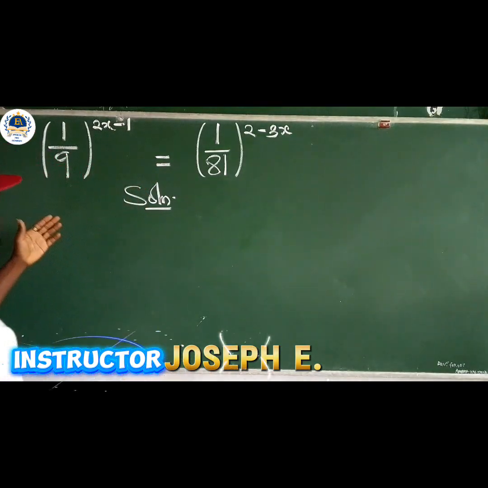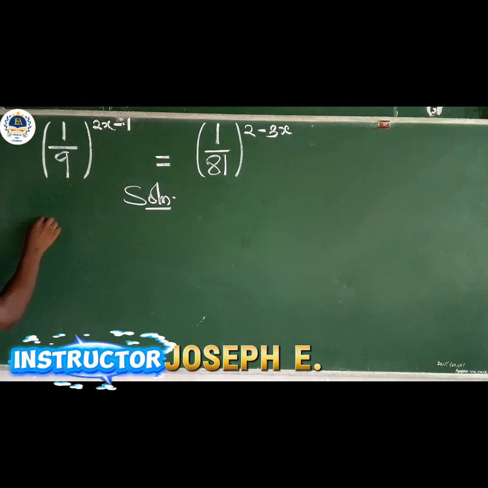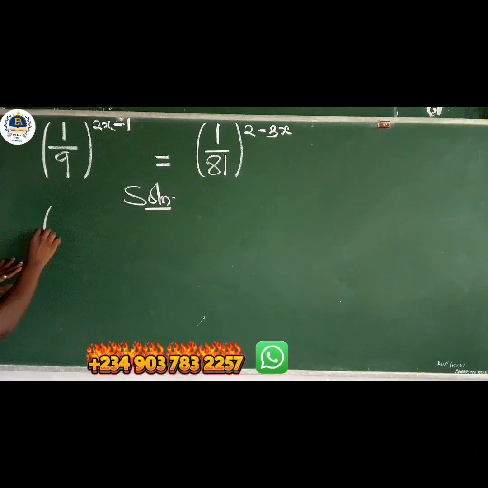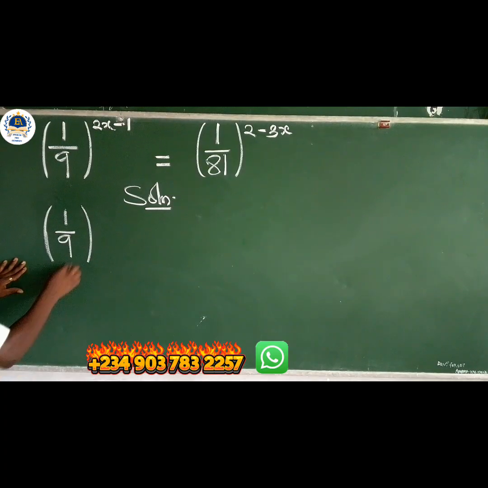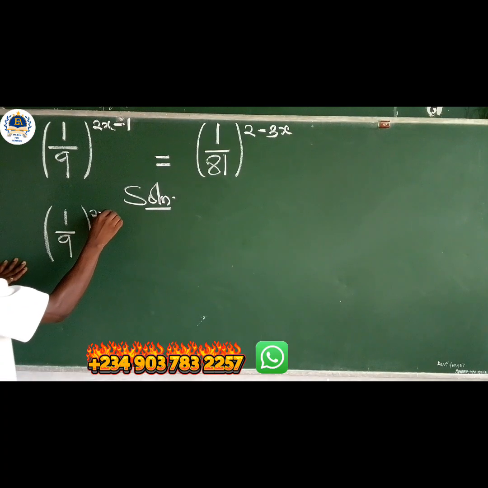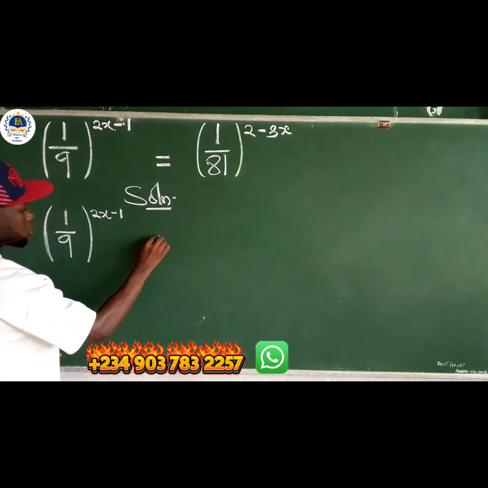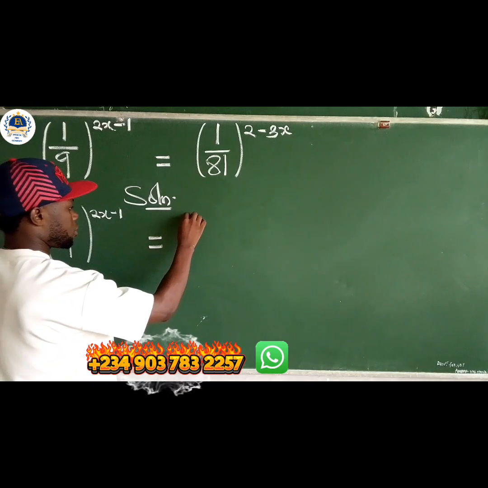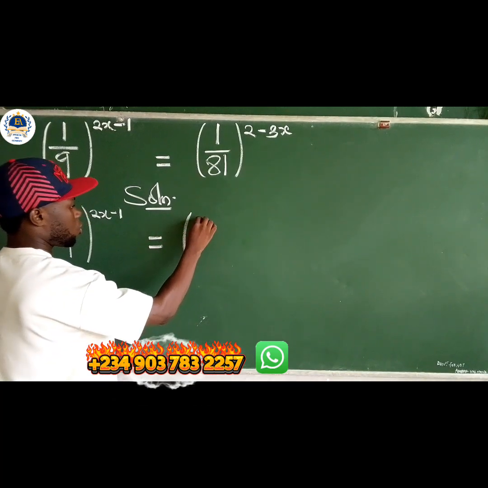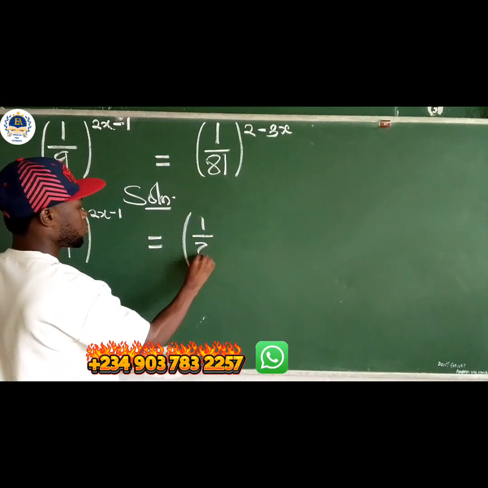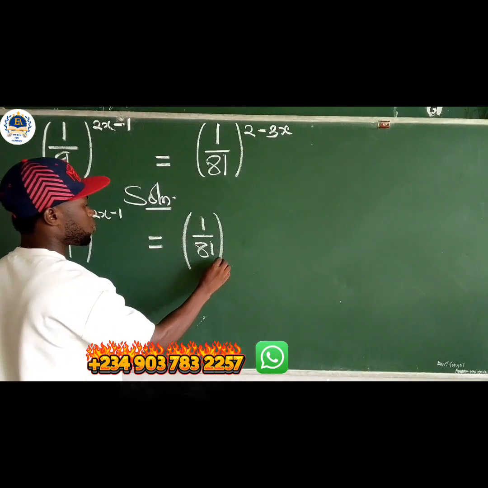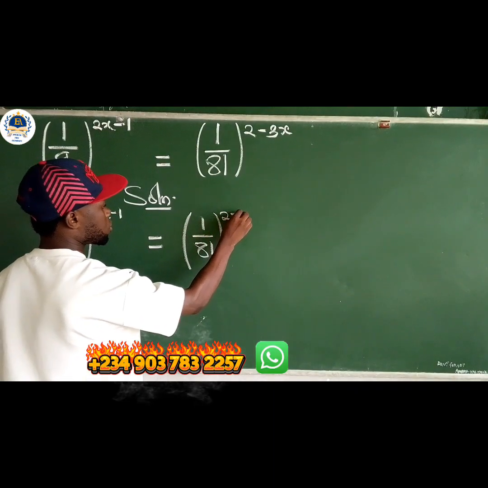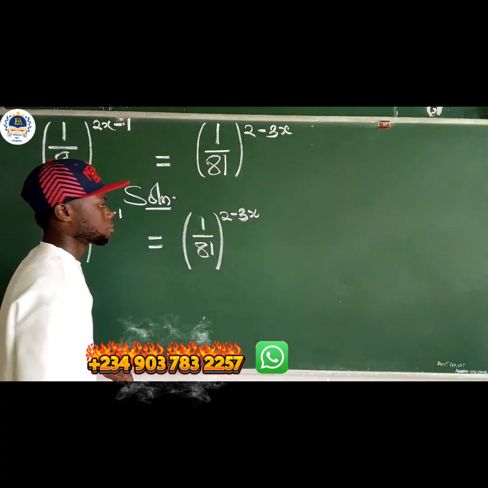So rewriting this question, on my left hand side, I have in bracket 1/9 is raised to the power of 2x minus 1, which is equal to, in bracket, 1/81 is raised to the power of 2 minus 3x.